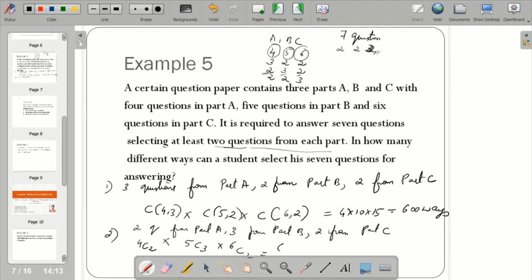So this will be 6 into 10 into 15, which is 900 ways. So this is the second possibility.